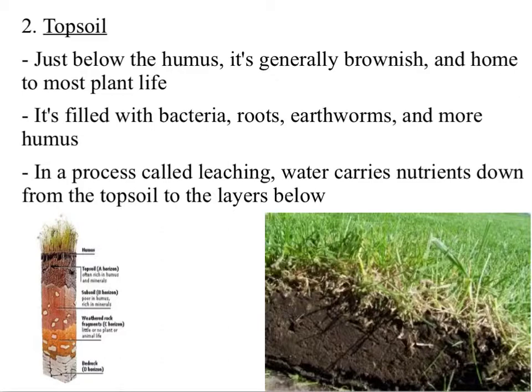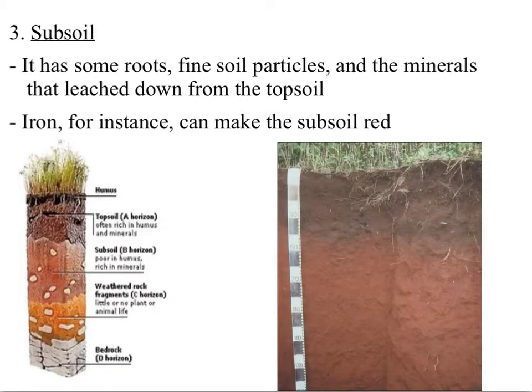It carries them down from the topsoil to the layers below, which means that the third layer, the subsoil, is going to have some of those minerals that leach down from the topsoil. In this picture on our right, it looks pretty red, and that's because there's a lot of iron in it. Those minerals have come down from the topsoil to the subsoil.